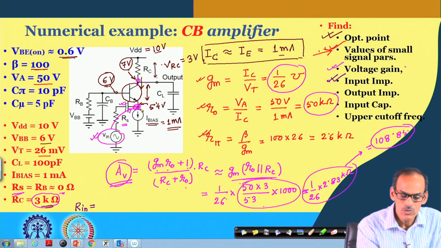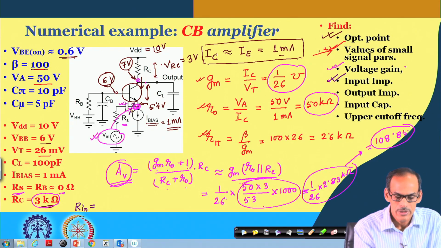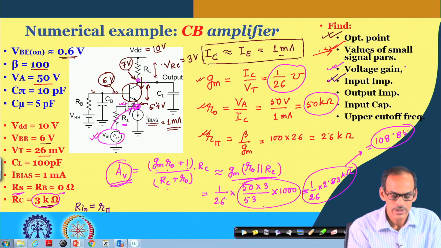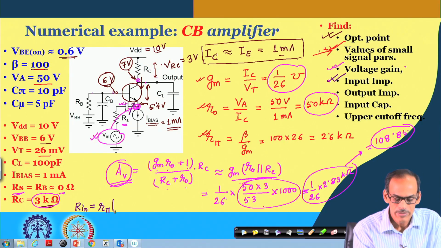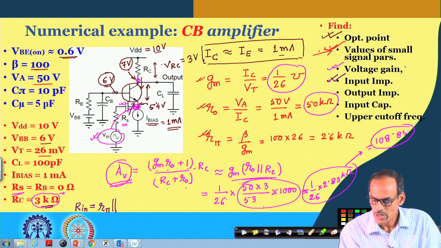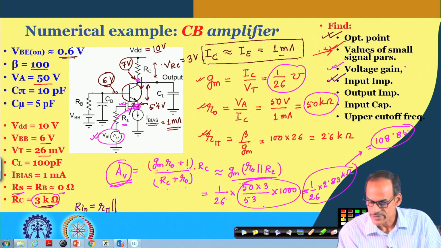If I look into the emitter terminal, what we have here is R pi, that is the resistance from emitter to base, and the base node is AC ground. So, that is coming in parallel with whatever impedance we have out of this entire circuit.